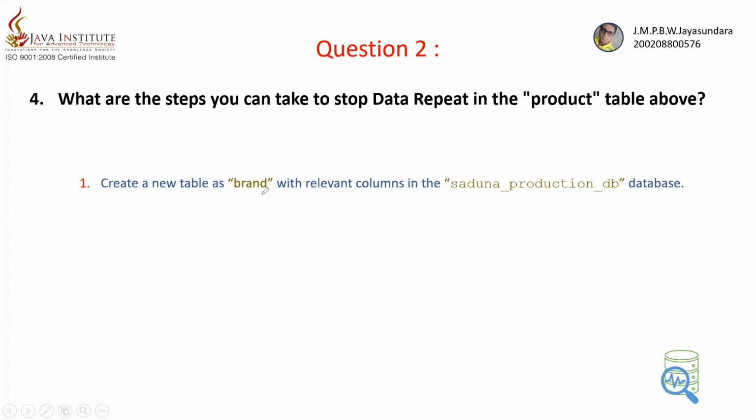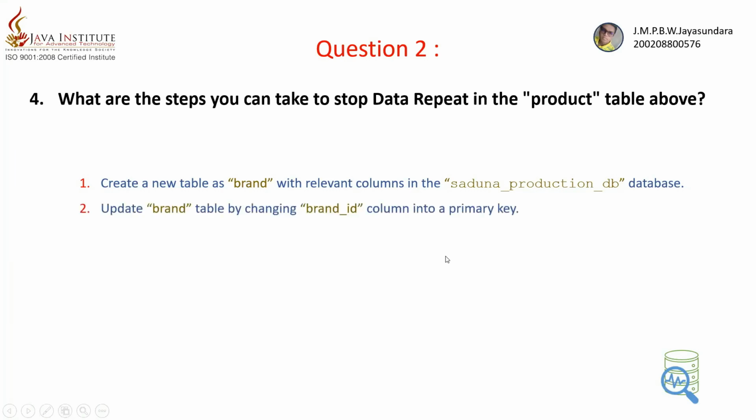Instead of storing brand details in the same table as the product details, we can take that brand details out of the product table and store in another table, and we can give unique IDs for the brands, and we can link them together to stop data repeat.